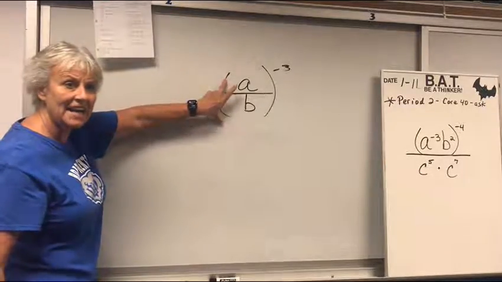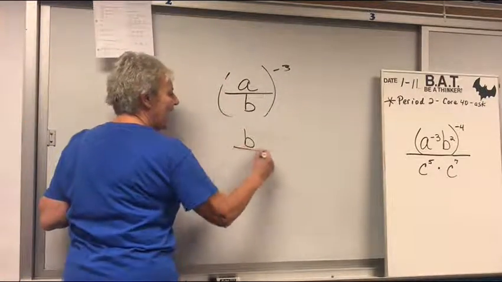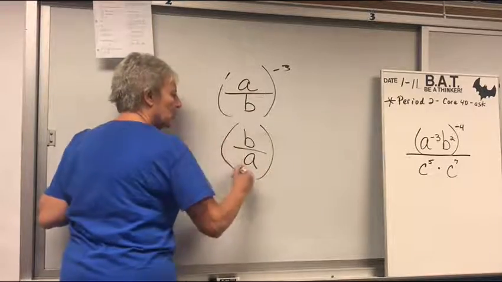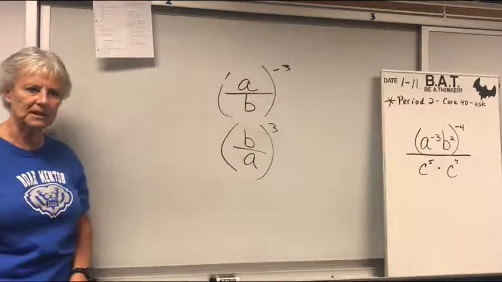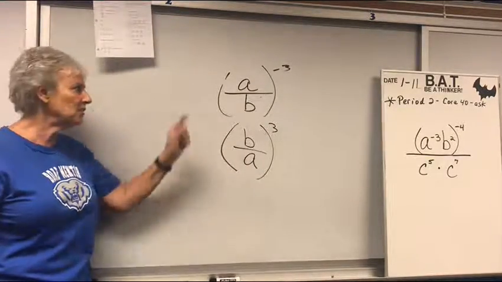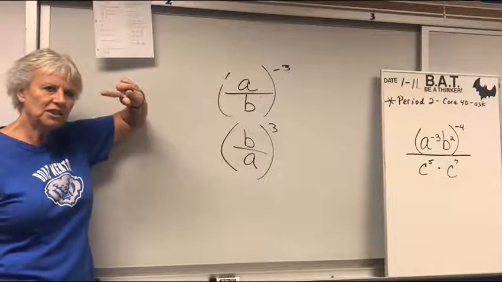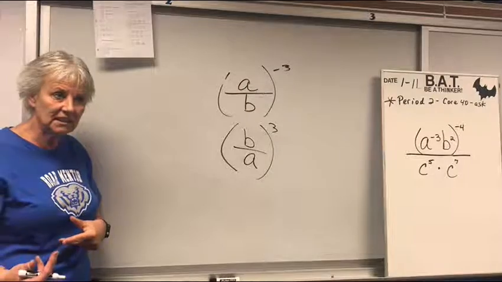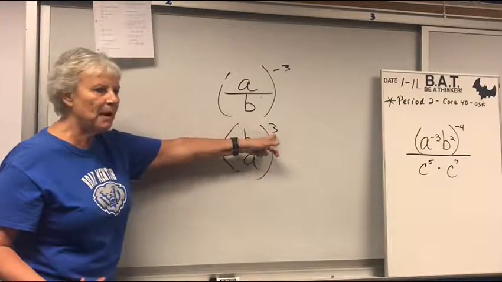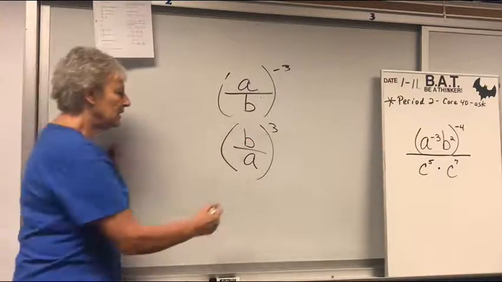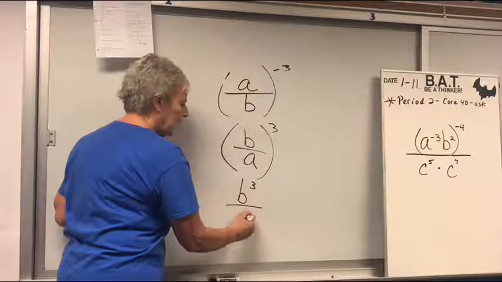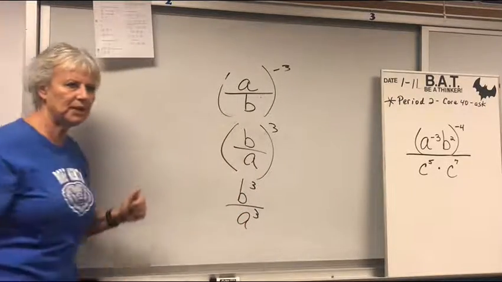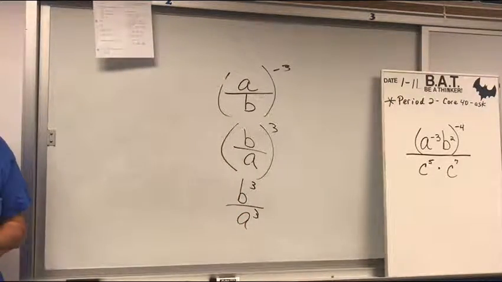This is the same as b over a to a positive 3. If you have a fraction with a negative exponent, you can just flip it first. Flip it right off your worksheet. And then write it with a positive exponent. So that's b cubed over a cubed. A lot of kids forget to put it on the denominator.